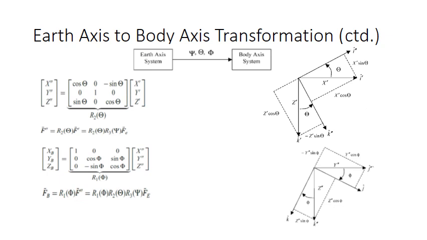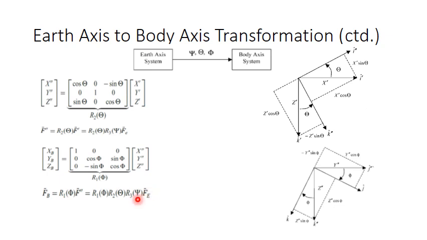But from the previous step, F double dash was equal to R2 times R3 times F Earth. So we substitute with F double dash from this equation. This is R2, R3, F in the original axis system, which is the Earth axis system.